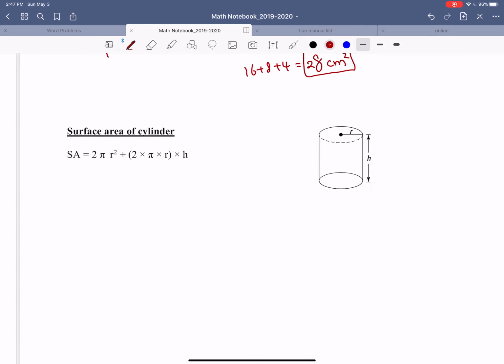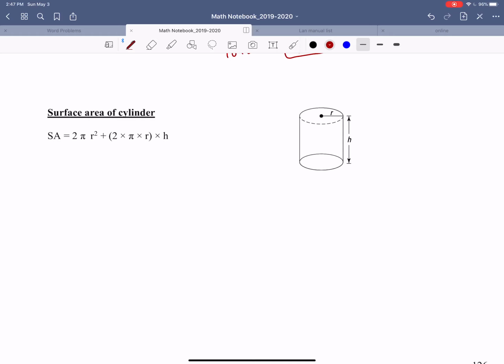Awesome. Next, the surface area of the circular cylinder. I think you've learned it in a previous grade: if you expand it, it's basically a circle at the top, a rectangle from the side, and a circle at the very bottom.